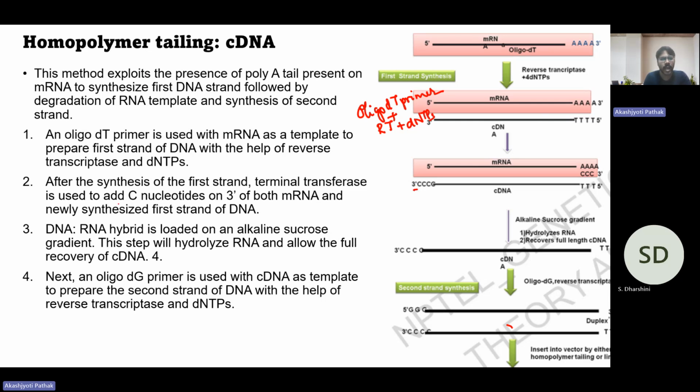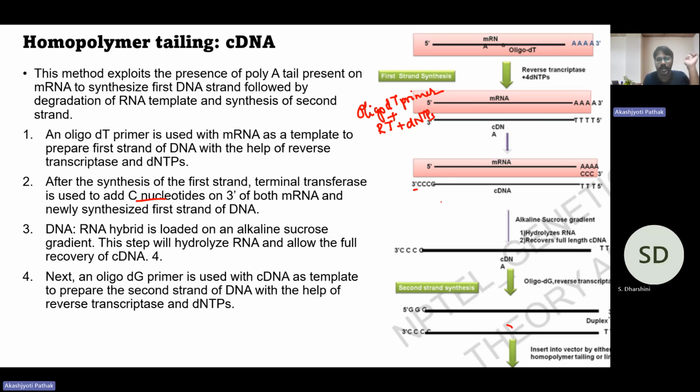So to add C nucleotides, you add dCTP, and at the 3 prime end you will get multiple cytosine residues added to the 3' end of both the mRNA and the newly synthesized first strand of DNA. So C nucleotides will be added to both your newly synthesized cDNA and your mRNA as well. To the 3' end of the mRNA also this CC will be added.